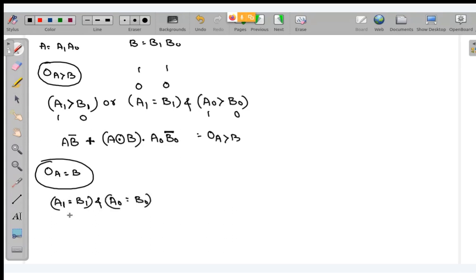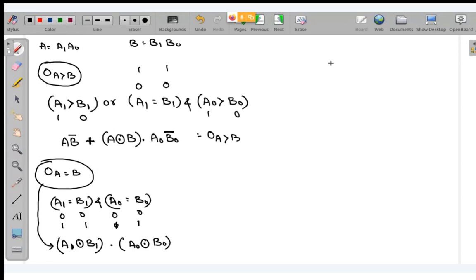Now either A1 B1 can be 0 0 or 1 1, and A0 B0 can also be 0 0 or it can be 1 1. So I can write it like A1 XNOR with B1 and corresponds to dot in Boolean, and this will be A0 XNOR with B0. So this is the output expression for A equal to B.